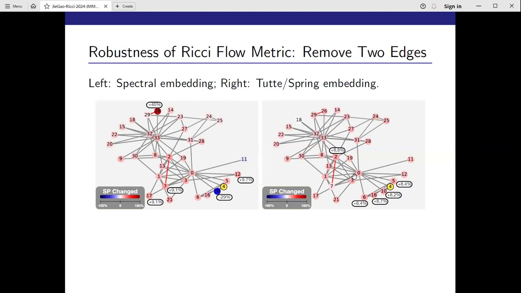What happens in the picture is I'm measuring distance from everybody to a fixed node. I'm also taking a few edges in the graph and looking at the distance before and after the change. I color the vertices so that the darker the pink, the higher the change. As you can see, in both cases, vertices are somewhat pink, so there are some changes.